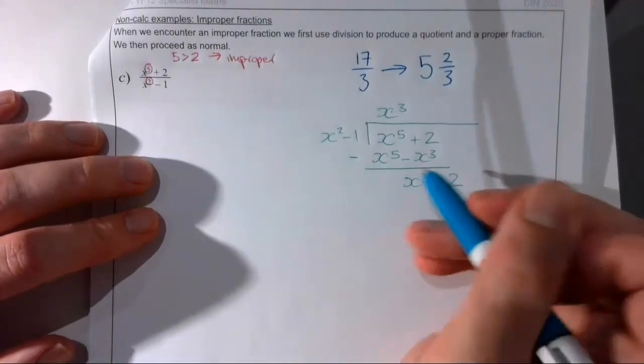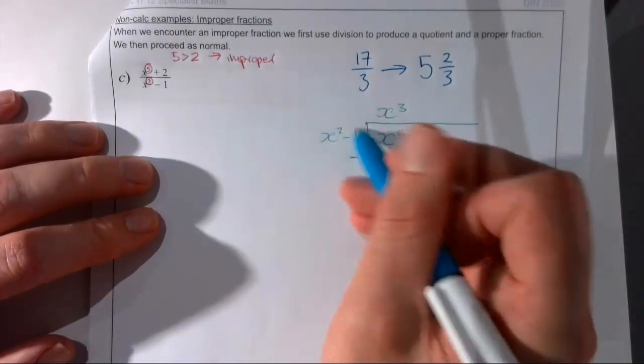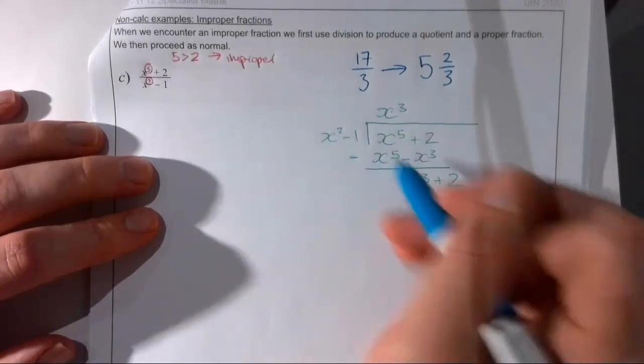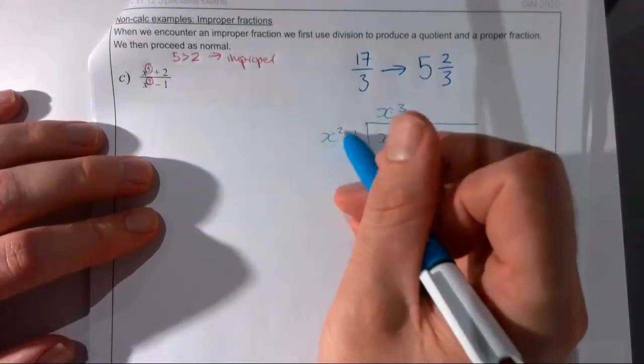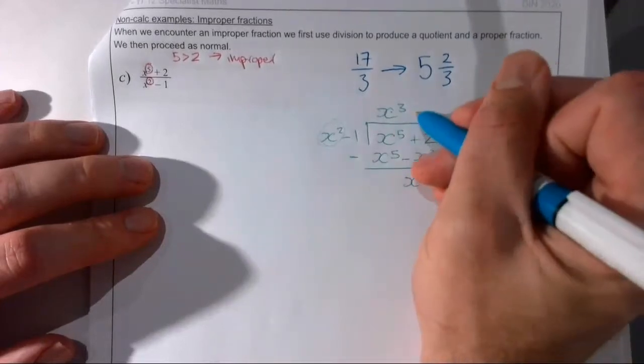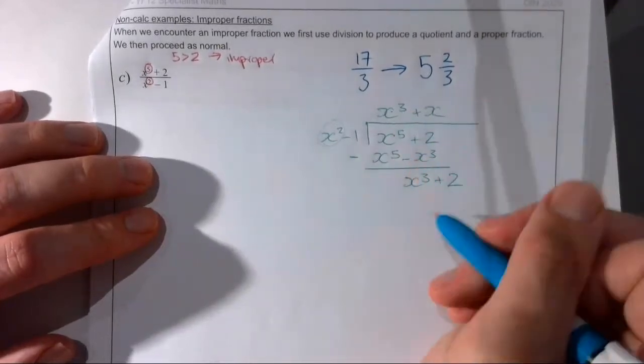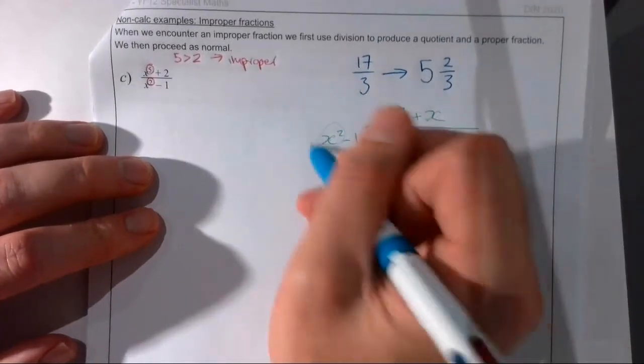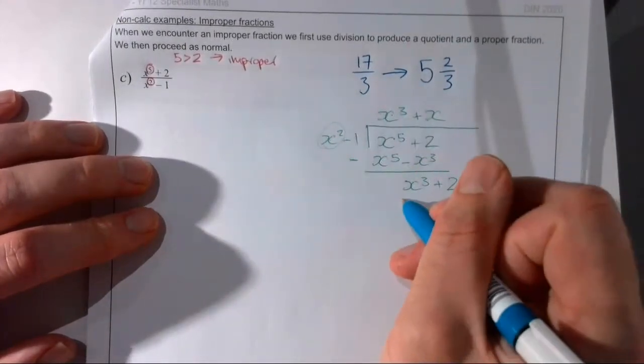So now, how many times does the x squared minus 1 go into the x cubed plus 2? Looking at the leading terms, always the leading terms, x squared times x is x cubed. So I've got to put a plus x on here. Then we multiply the whole thing by x and see what we're left with.